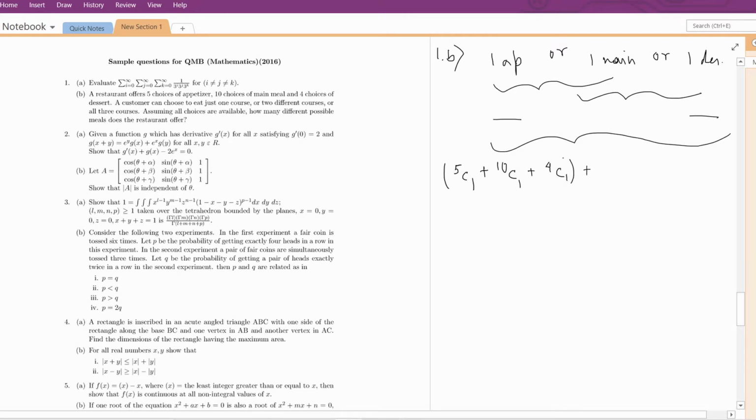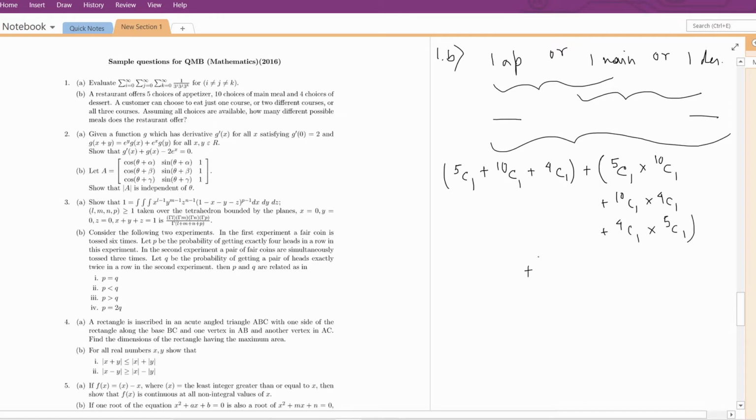Now suppose the customer is choosing 2 different courses, like one appetizer and one main meal, or one main meal and one dessert, or one appetizer and one dessert. So how can it be done? 5c1 into 10c1 plus 10c1 into 4c1 plus 4c1 into 5c1.